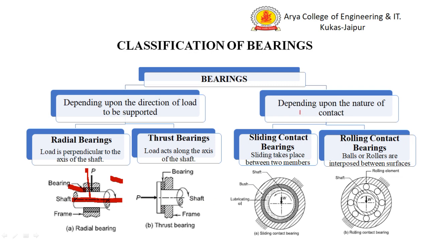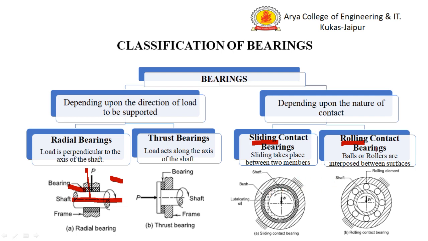So second classification is based on the nature of contact. On the basis of nature of contact, bearing can be classified as sliding contact bearing and rolling contact bearings. In sliding contact bearing, basically sliding takes place between the two parts of the bearing.